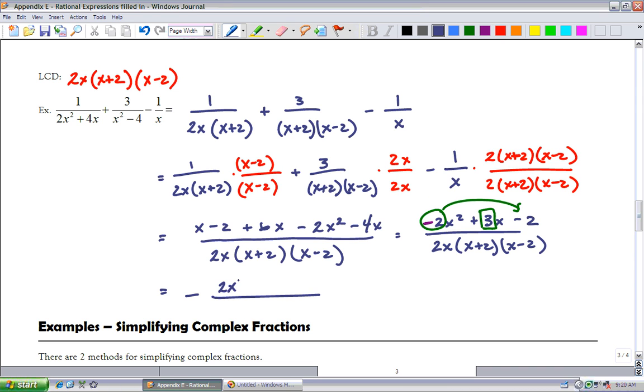So we get 2x squared minus 3x plus 2, all over 2x cubed minus 4x. And that would be your final answer. And again, we want to make the note that x cannot equal 0 or plus or minus 2. In this case, if you put that back into the original equation, you would get a 0 in the denominator.